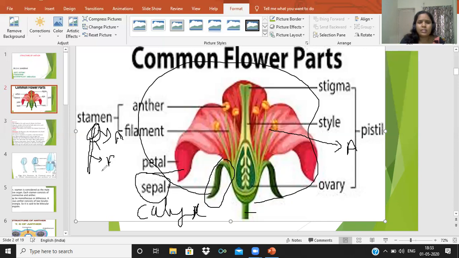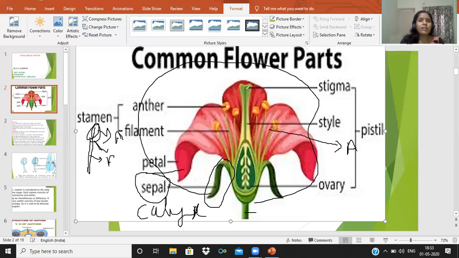Its main function is to produce a large amount of pollen grains. The stalk of the stamen is called the filament, and its main function is support. The anther and filament are connected to each other by the connective.